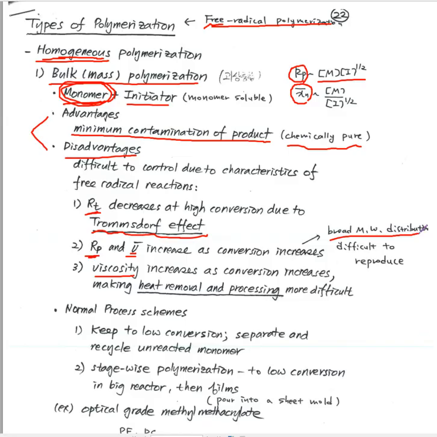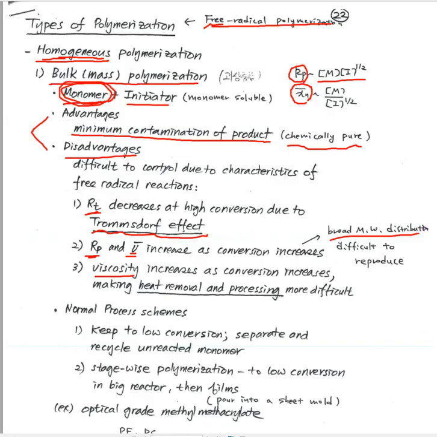Okay? Basically, a broad molecular weight distribution means that the uniformity of the polymer properties is not really good, right? So we want to make a relatively narrow molecular weight distribution, right?